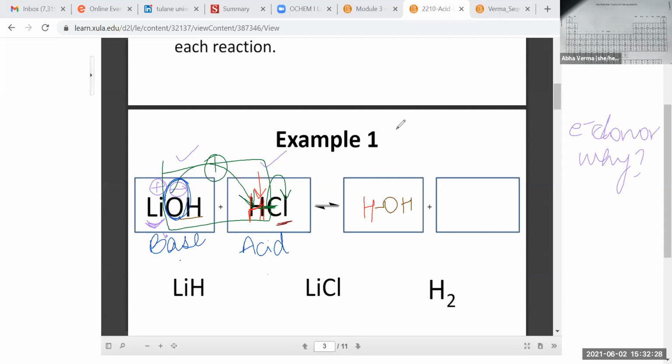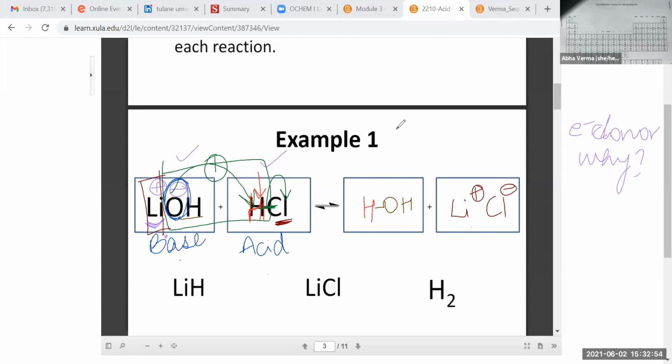What we are left with is this chlorine with the negative charge. And to balance out this negative charge, we can use this lithium ion. In other words, we can just write lithium chloride. We don't have to write lithium plus and Cl negative, but if you want to do that, that's completely fine.